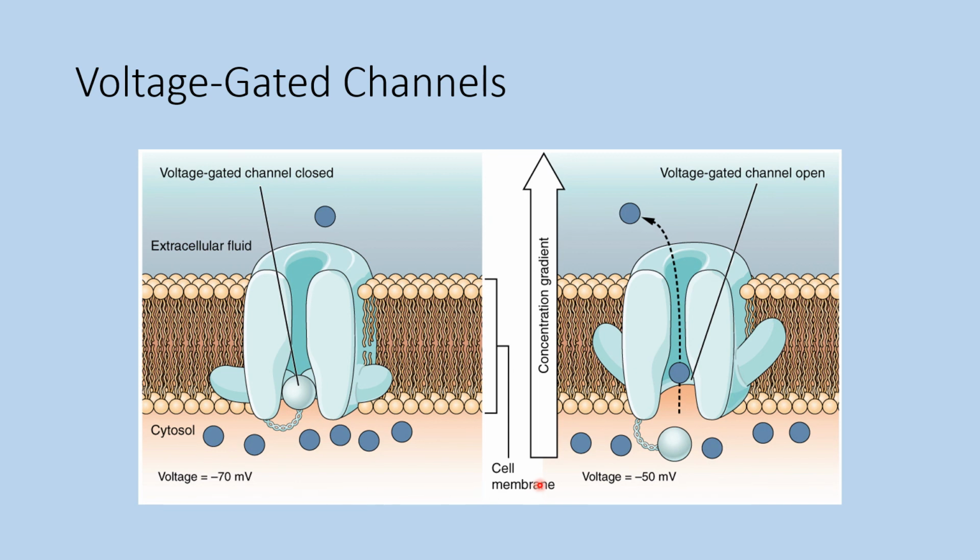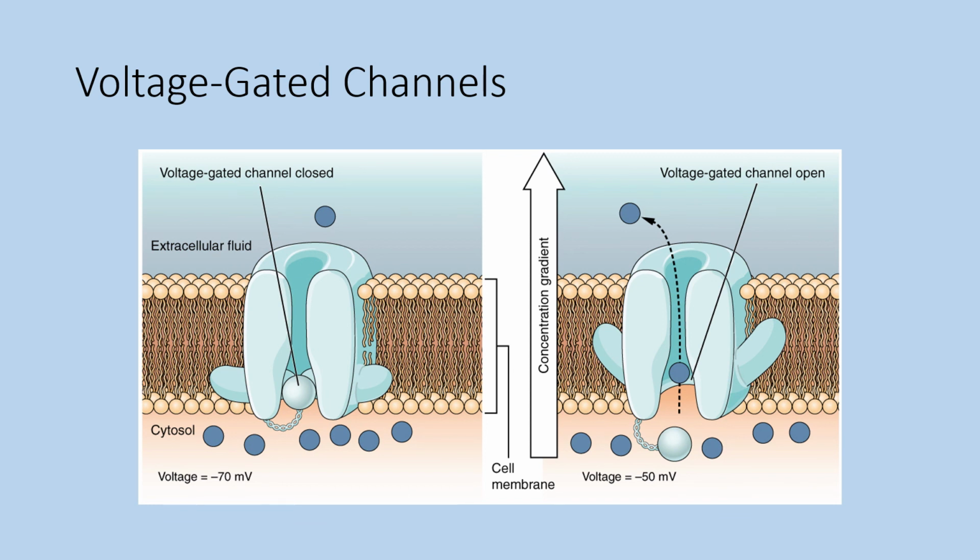If it changes to a certain point, it's not going to minus 69. It has to be a significant change. So right here, it reaches minus 50, boom, it opens. That change in the charge opens the gate, and now it allows ions to pass through. If you restore and bring the charge back to minus 70, it's going to close again.